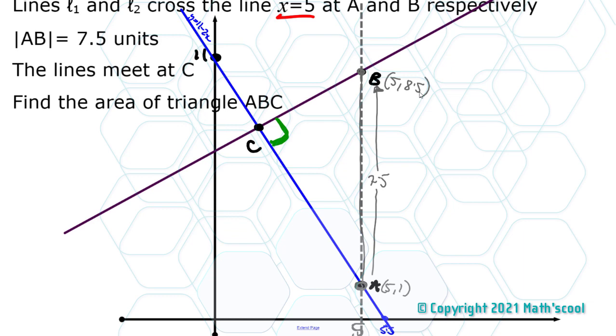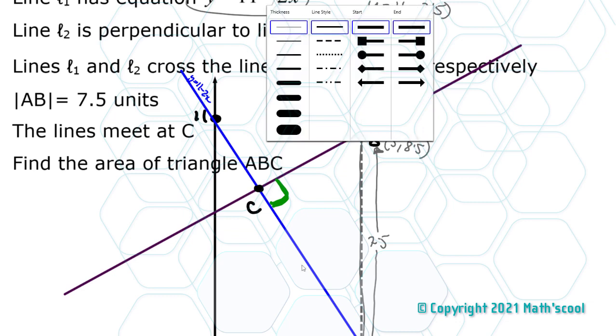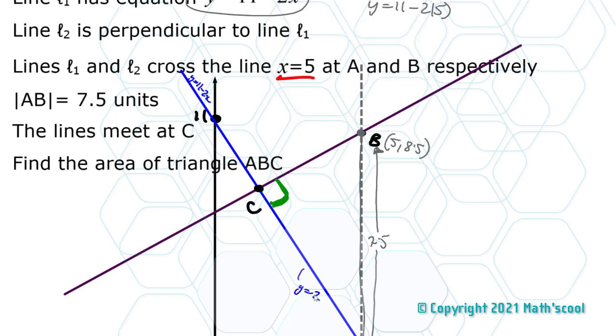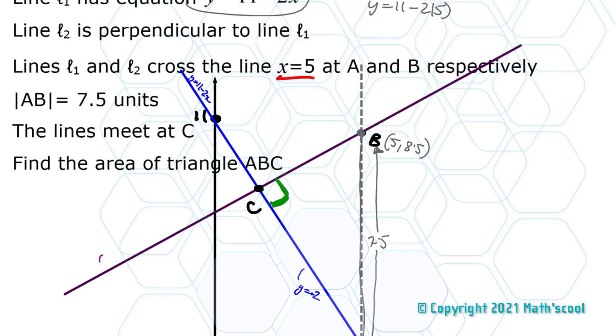Okay. And now I know this gradient is minus 2, and this is perpendicular, so it's going to have a gradient of 1/2. And then I now know a point on this line, and I know its gradient, so I can just do y minus 8.5 equals 1/2 (x minus 5), and 2y minus 17 equals x minus 5.